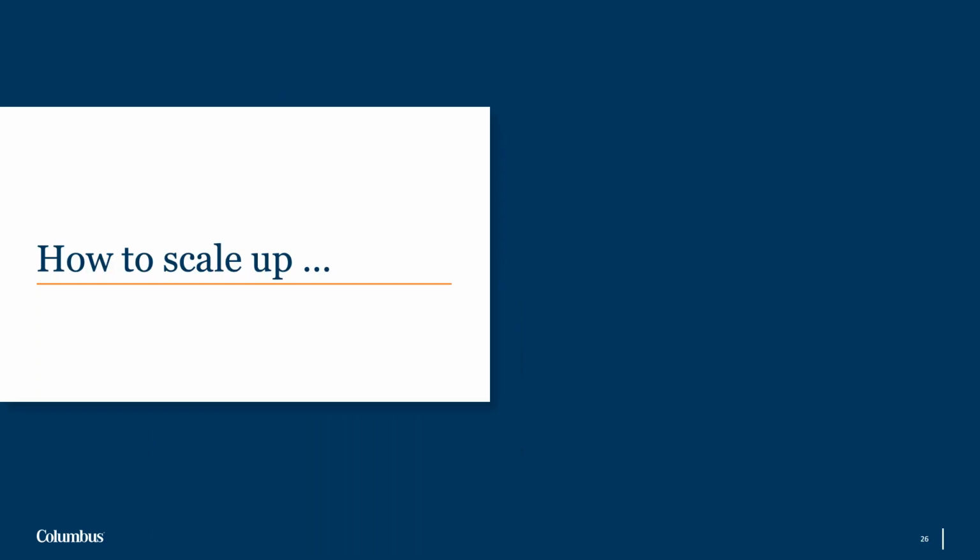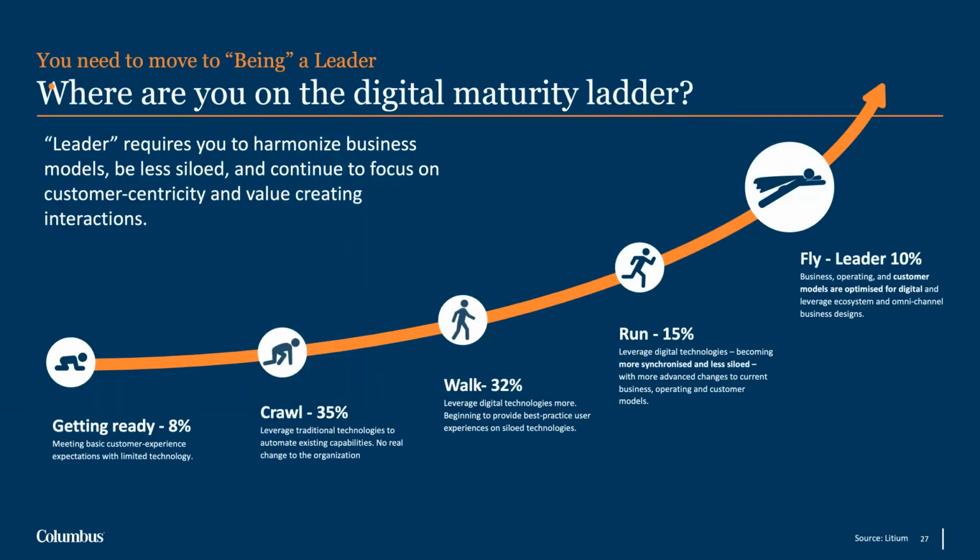So the question is, how do you take your first baby step towards the global desired state? And that actually depends on where you are on your maturity today, where you are on the maturity ladder. The maturity model usually spans 5 steps, from companies that today barely operate and appear online to companies that are very far ahead in their digital transformation.